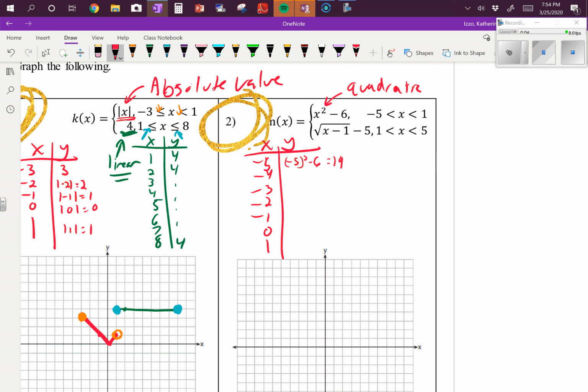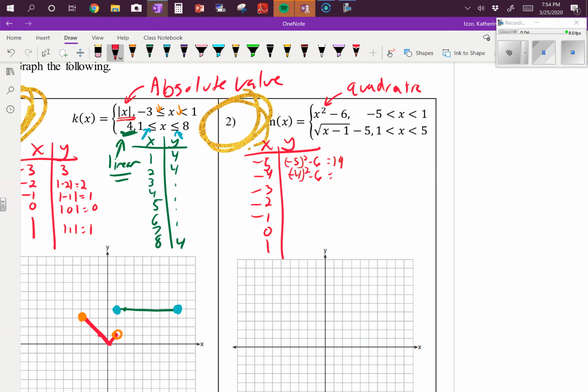19, I hope. Okay, and then negative 4 squared minus 6 is 16 minus 6, which is 10. Negative 3 squared minus 6 is going to be 3. Good job, Squirrel. And then negative 2 squared minus 6 is, what did you say?